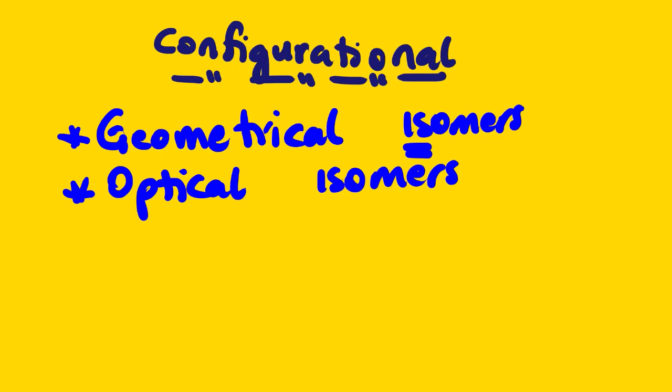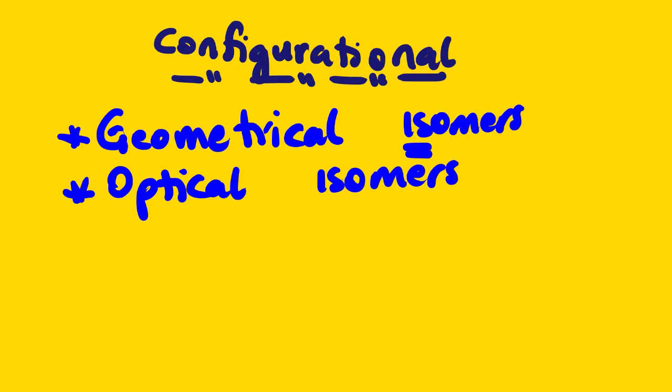Now, in the previous lesson video, we talked about the conformational isomers, where in order to get one isomer, we convert the structure to form another isomer. Since we're still under the spatial isomers, it means we are still dealing with structures with the same molecular formula and the same connectivity. But in the case of geometrical isomers, we cannot convert one structure to form the other.